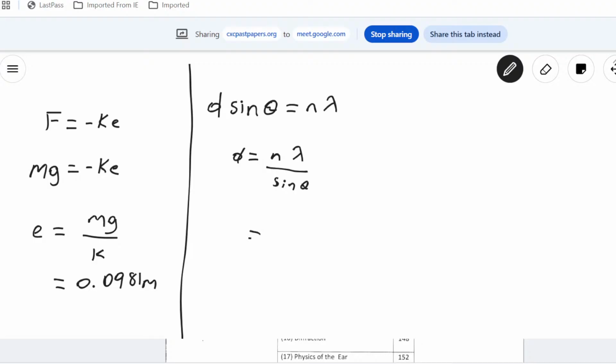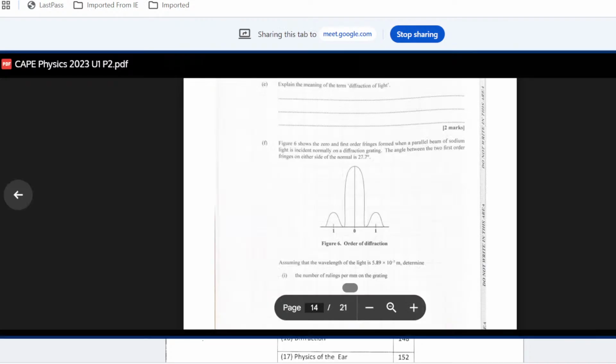I got d to be 1.28 times 10 to the negative 6. But I suggest someone check that because I'm not sure fully. Could you repeat what you said? I got 1.28 times 10 to the negative 6.